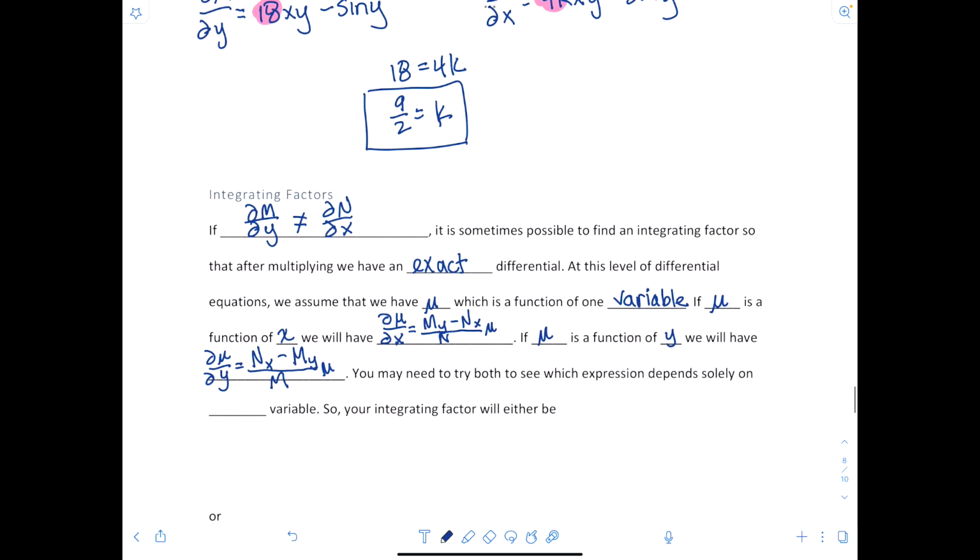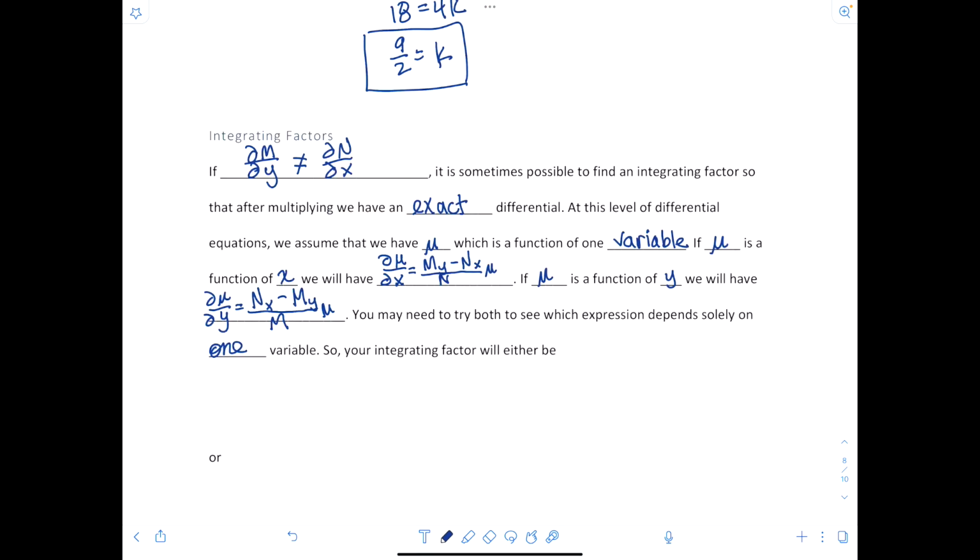Now, here's the bad news. You might need to try both to see which expression depends solely on one variable. It turns out your integrating factor, if it's the first case, will be e raised to the integral of the coefficient of that mu. So you'd have the first partial of m with respect to y minus the first partial of n with respect to x, divided by n, integrated with respect to x.